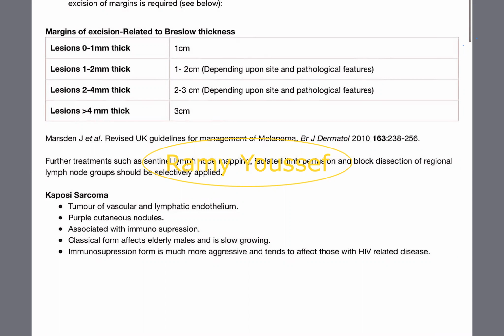He will not ask you about this. Mostly he will give you a lesion with 0.8, something like this, less than 1 millimeter, and you will choose 1 centimeter. More details he will not give you. But the most common question about Breslow thickness is: what is the most prognostic factor for malignant melanoma? This is the most frequent, almost in every exam.